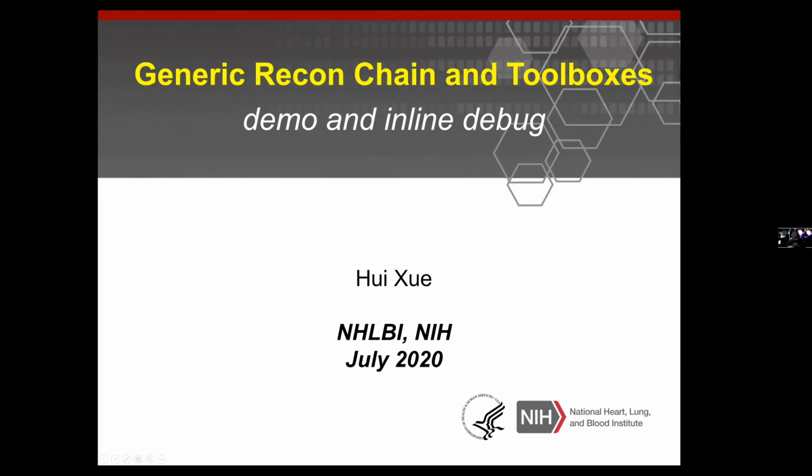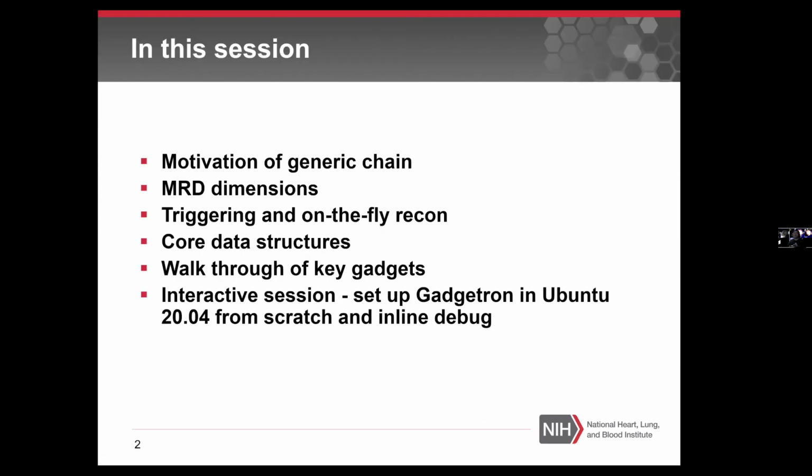Okay, so this talk is about the generic chain, with some demo and inline debugging. Here is the framework of this talk. Firstly, we need to clarify why we want to do this generic chain. It involves the dimensions in the ISMRMRD format, which is very important.